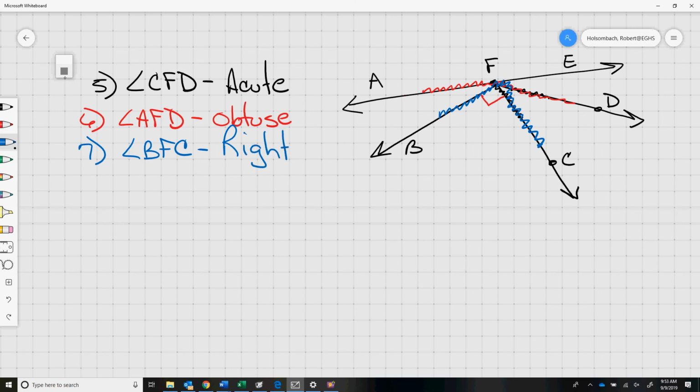What does the box mean? 90 degrees. Okay, it's a 90 degree angle, so it's a right angle. And then we'll go with green here for number 8. AFB. Number 8. Angle AFB. And we're going from A to F and back to B. What does that look like? Acute, good, less than 90.